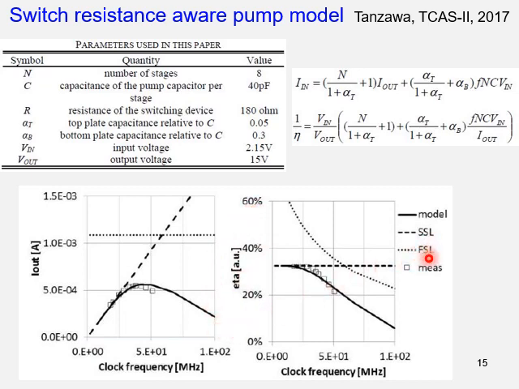The SSL and the FSL indicate the slow switching limit and the fast switching limit. The slow switching limit has output current proportional to clock frequency like this, and FSL indicates when you increase the frequency f to infinity, you get a constant number like this.